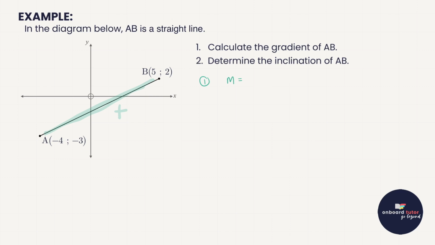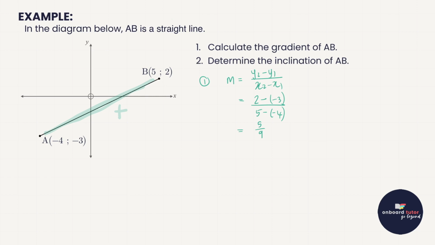So m is equal to y2 minus y1 over x2 minus x1. And then we simply work that out. So we're going to have 2 minus 3 over 5 minus 4. And what do we get? We get 5 over 9 is the gradient there. 2 plus 3, 5 plus 4.